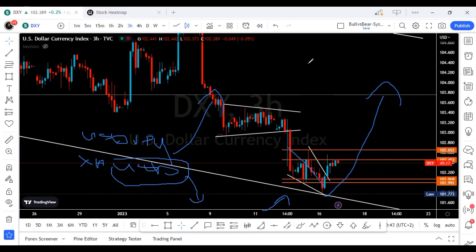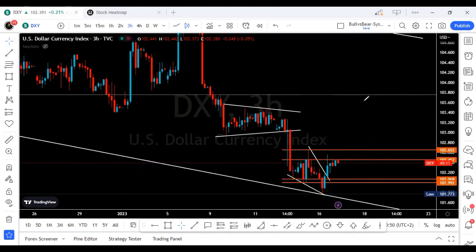Let me explain before I continue. The reason is that this is the dollar value, the very same dollar. If the dollar is getting expensive for everyone, then when the dollar is going up, it's getting expensive for us to buy the shares or the stocks in all the indices companies, meaning that the market will go down.